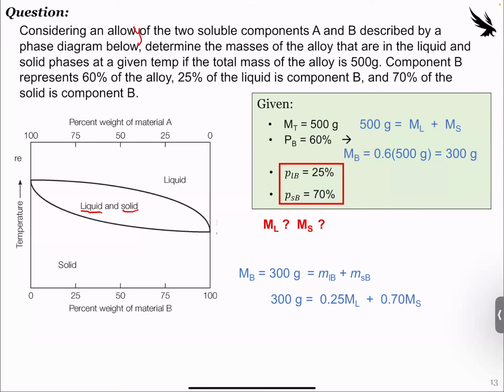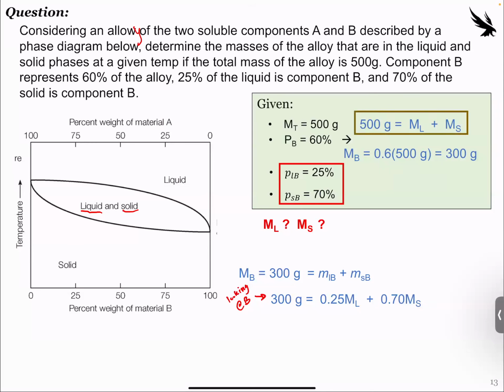And then the mass of solid that is B is going to be 70% of our total mass of solid. So what we're doing here is we're just looking only at B. So looking at B in this equation, we know that total is 300 grams, from our liquid portion, 25%, and from our solid portion, 70%.